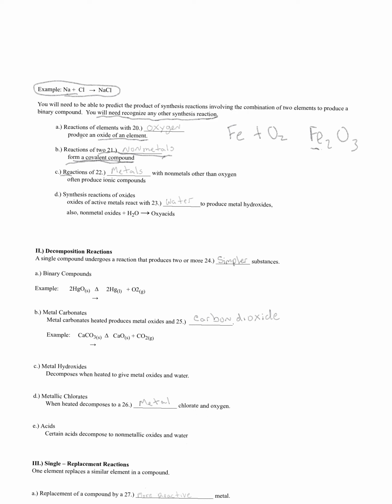And then reactions of metals with nonmetals other than oxygen often produce ionic compounds. And if you recall, metals have a very low electronegativity, but the nonmetals have relatively high electronegativities. And that's why, where you have metals and nonmetals, it's going to be ionic.